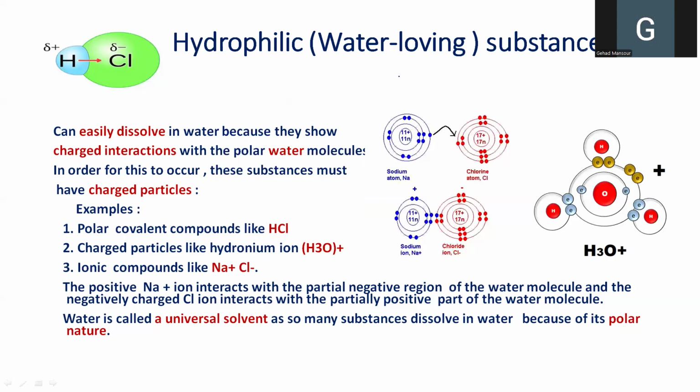How do they exhibit or show this love of water? Just by dissolving in water. If a solid substance, for example, dissolves in water, this means that this substance will no more be visible in water.